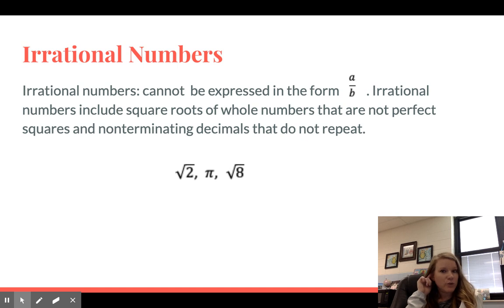Pi never stops going. They're still working on numbers in that series for pi. Radical 8 is also an irrational number because that decimal goes on and on without repeating. Okay.